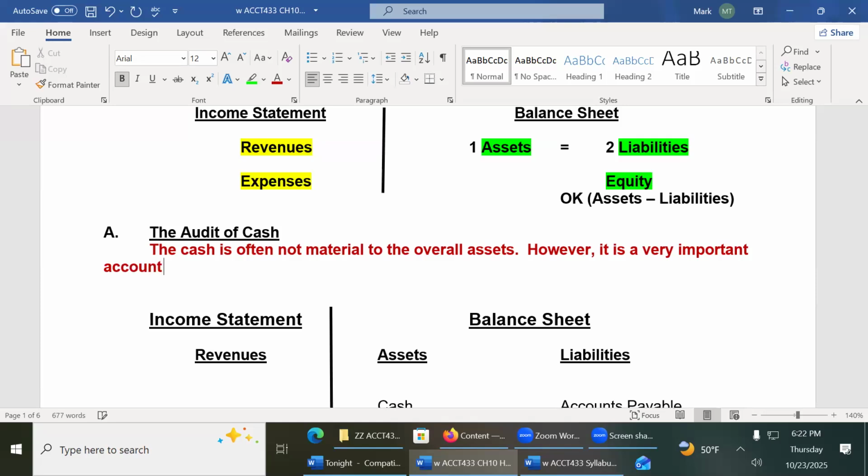It's a very important account because almost all transactions flow through cash. Everything eventually goes through cash. You really have to get creative to think of something that won't go through cash.